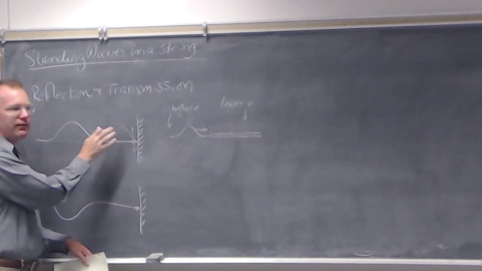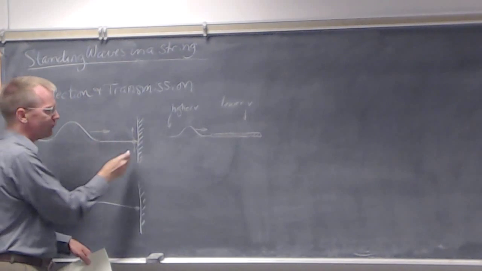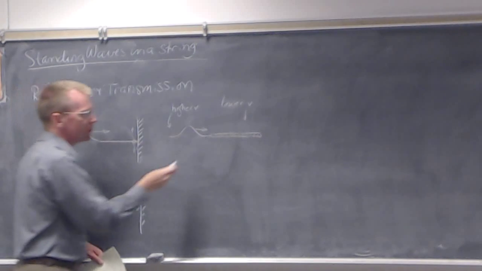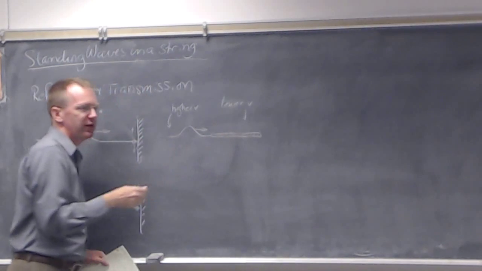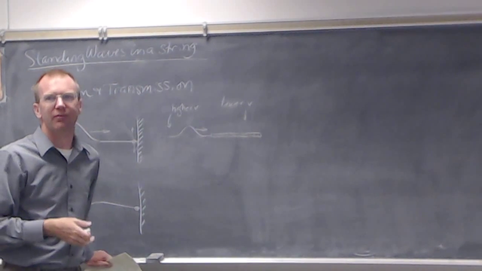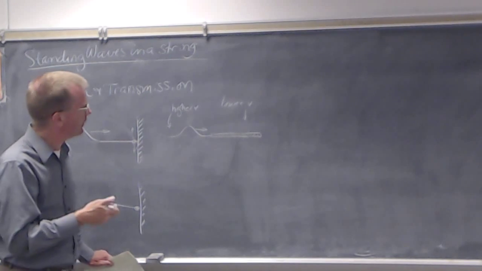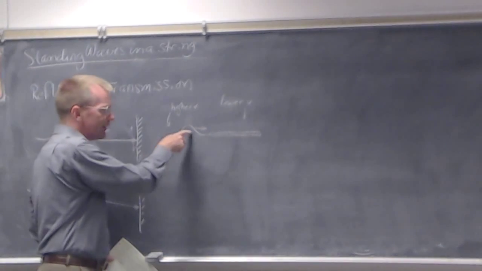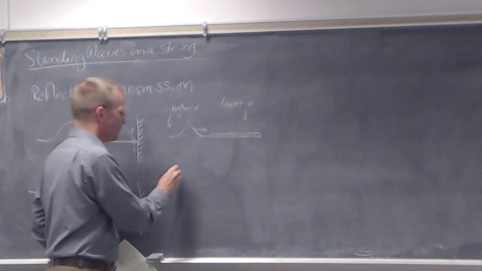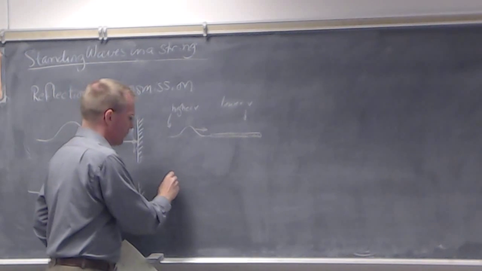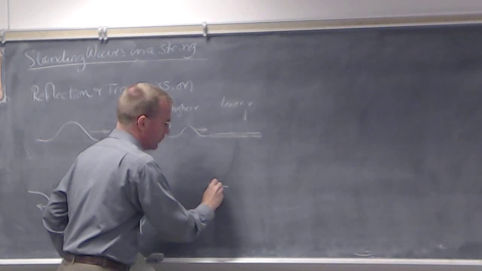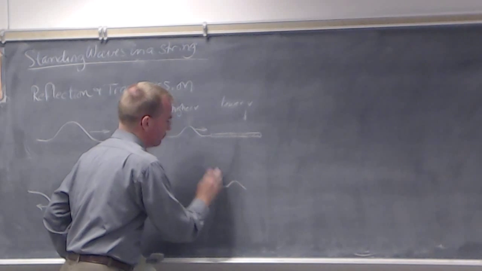It's almost like this case here, except it's not rigidly attached. Even though this material here, in the example of the rope, is simply denser, heavier per unit length, and so it doesn't move as easily as this one does, it does move a bit. So you do get some of the wave transmitted.